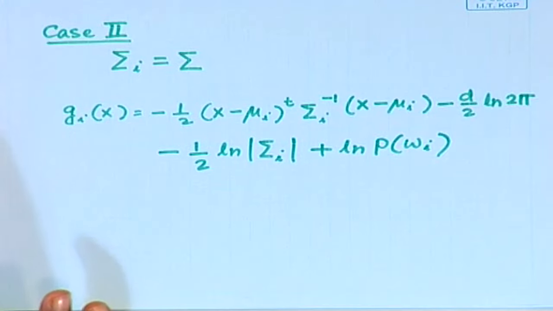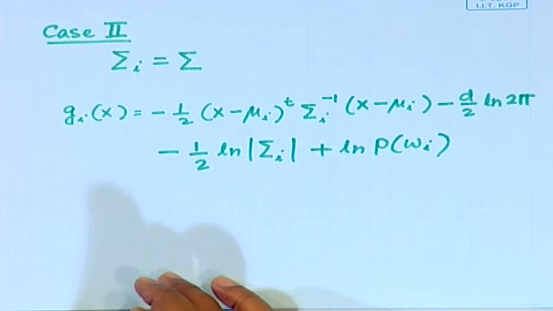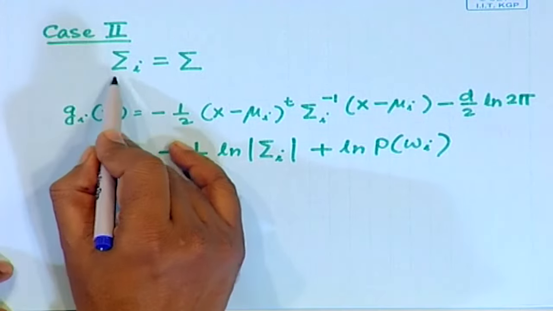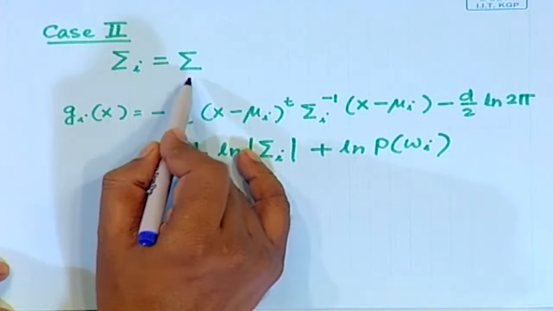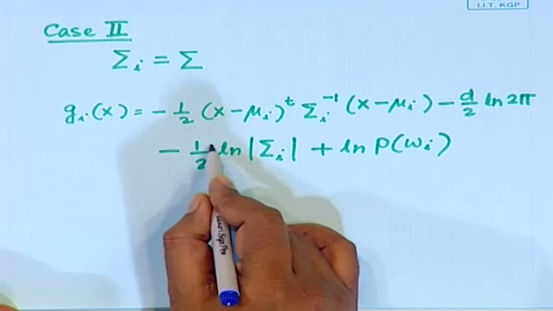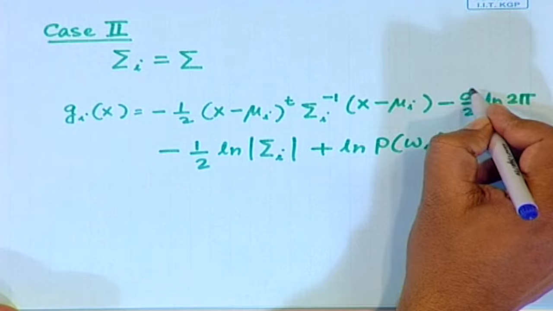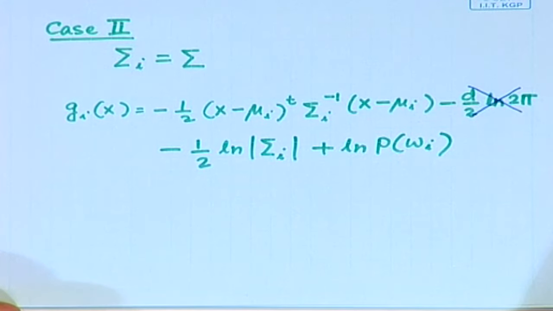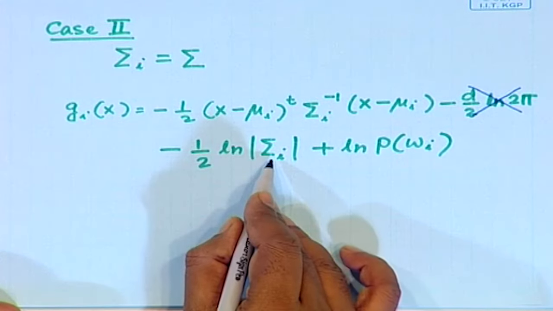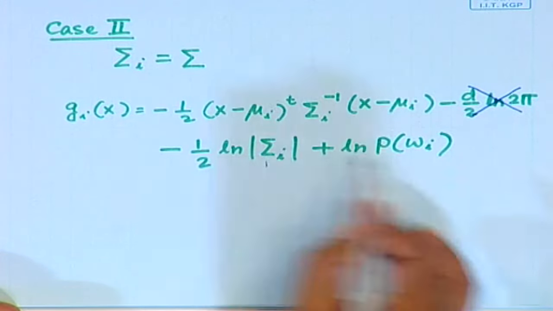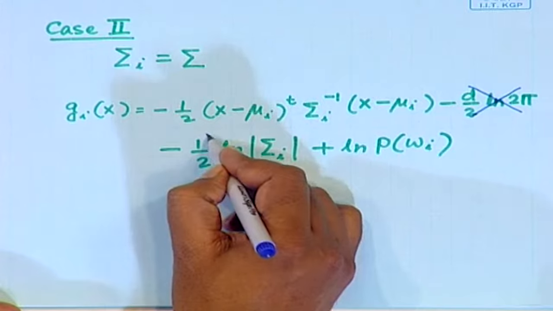This is the general expression of the discriminant function. Now, here we are saying that Σ_i, the covariance matrix, is the same for all the classes. So obviously this term is a constant term, which does not give you any discriminating power, and this term is also the same for all the classes because Σ_i is the same for all the classes. So this also becomes irrelevant.